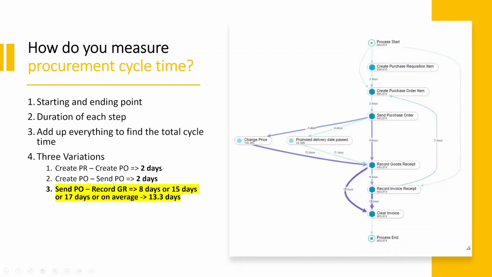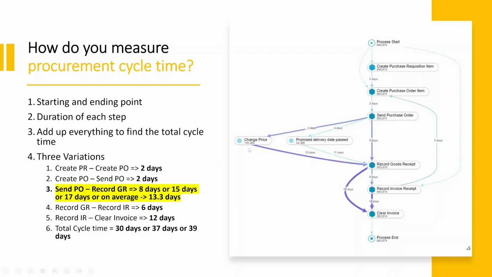And if you notice on the left, for each of these, I've calculated what is the duration of every step. From create PR to PO takes 2 days. From create purchase order item to send purchase order, it's another 2 days. But in the third step, which is send purchase order to goods receipt, there are three variations, and the time differs. The duration differs.